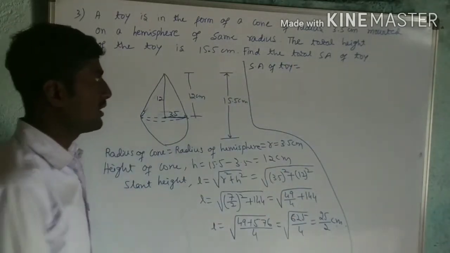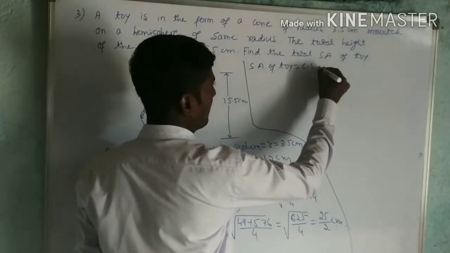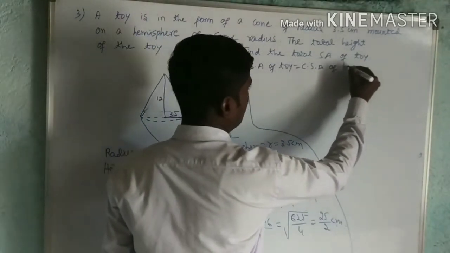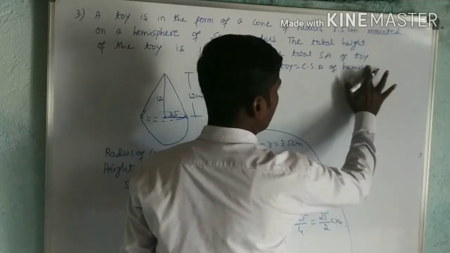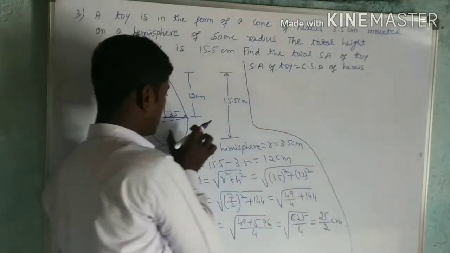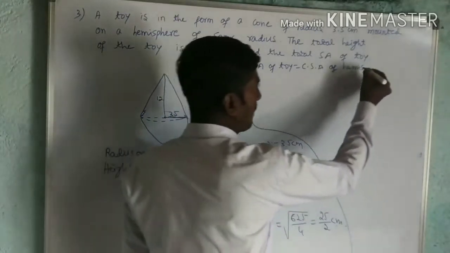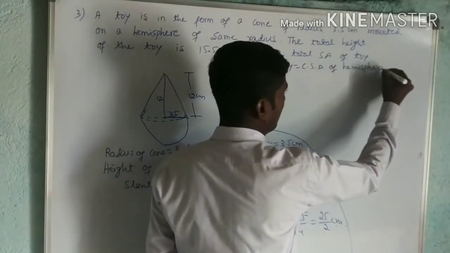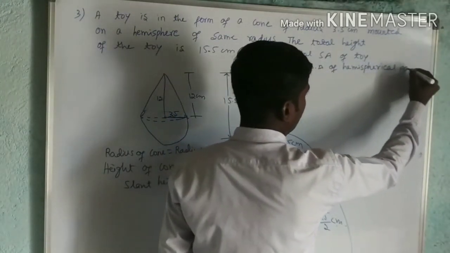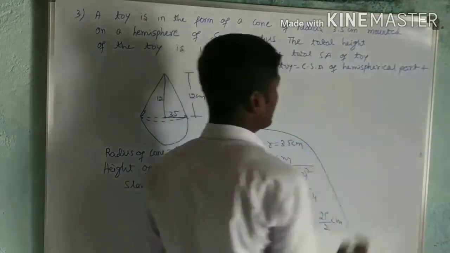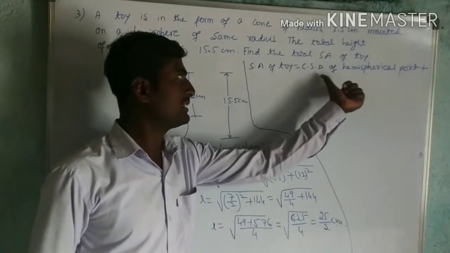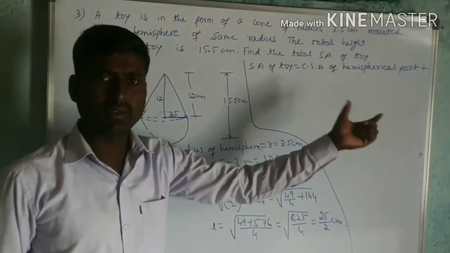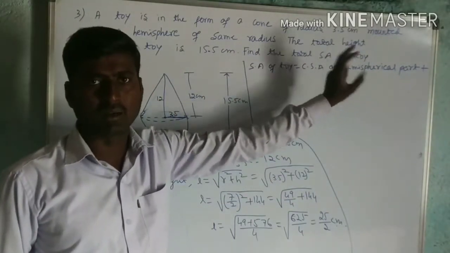This part is in the shape of a hemisphere, so it can be written as CSA of hemispherical part. Otherwise you can write hemisphere only, no problem at all.